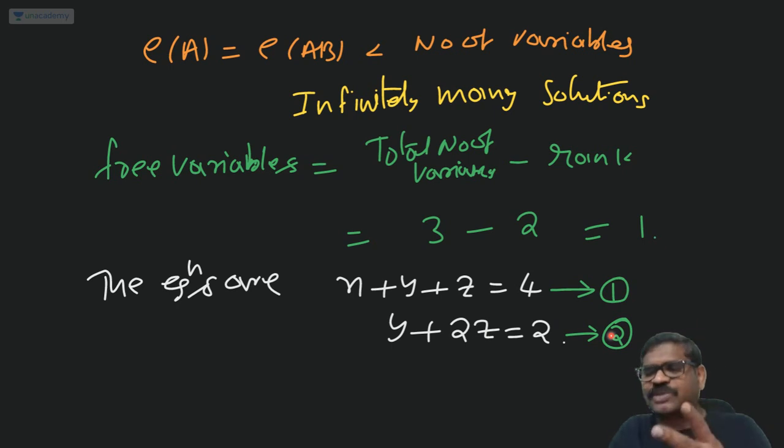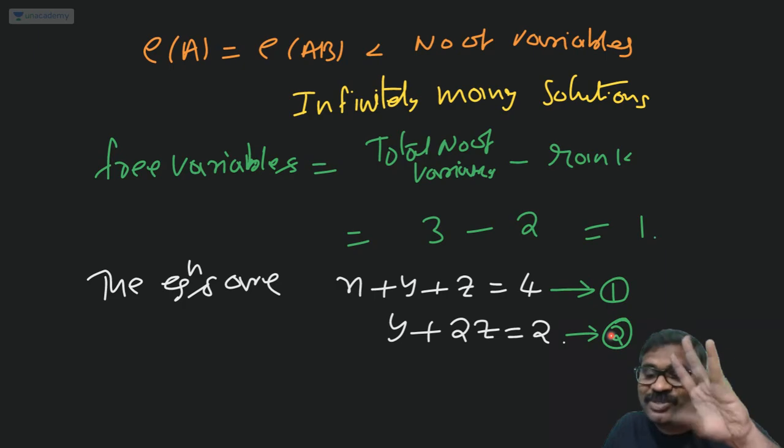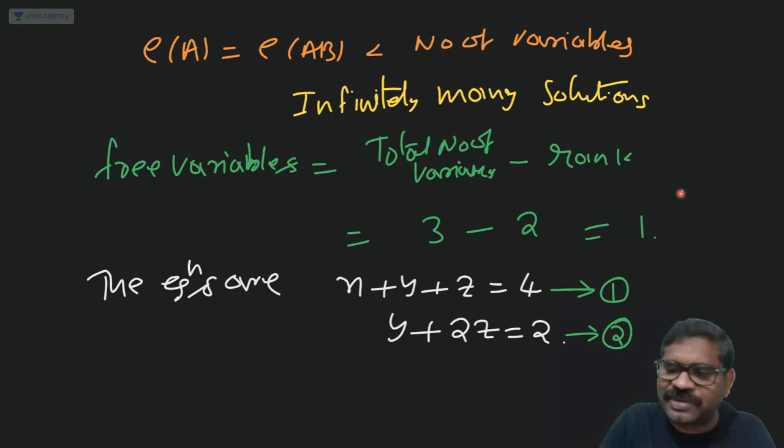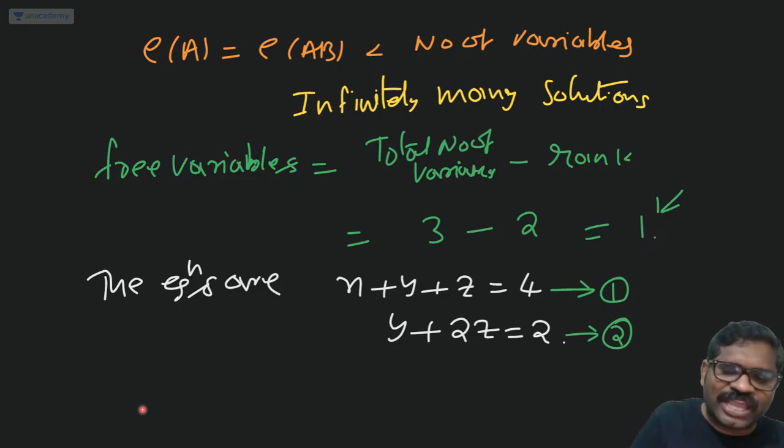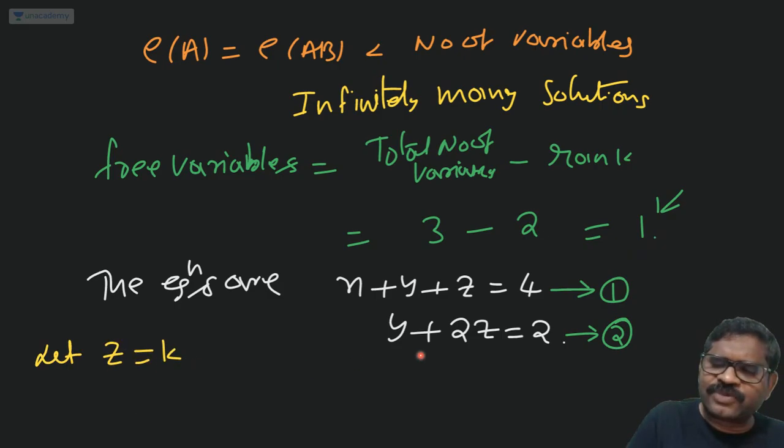Now, x plus y plus z equal to 4, y plus 2z equal to 2. We have only 2 equations but 3 variables. That's why one variable is a free variable. You can take any one, but we have one practice. Let us take z equal to k. If you substitute, y equal to 2 minus 2k.